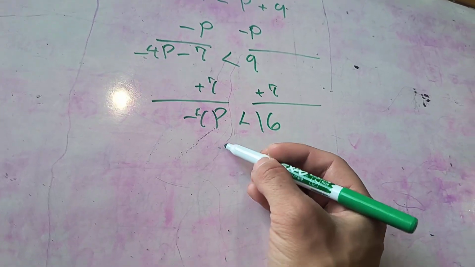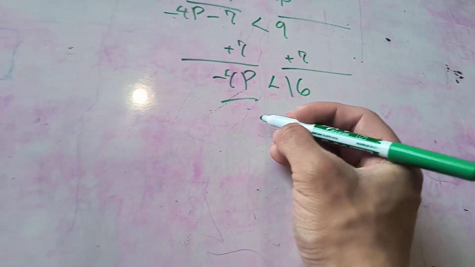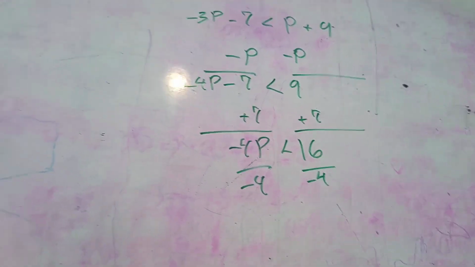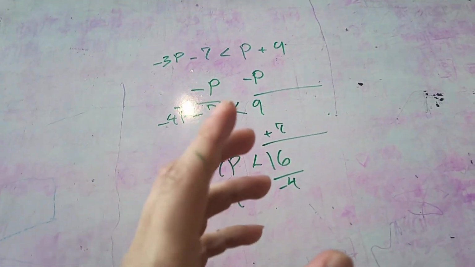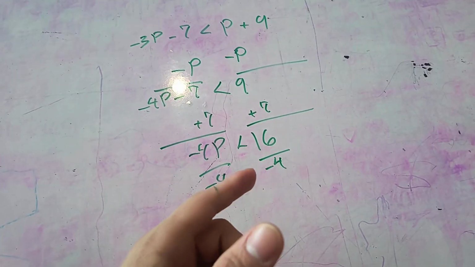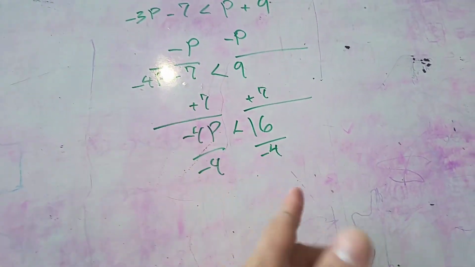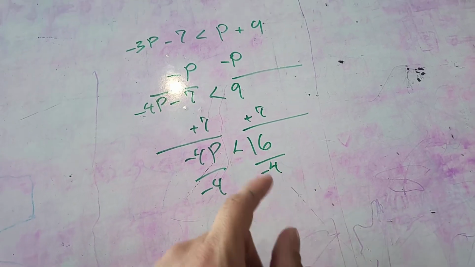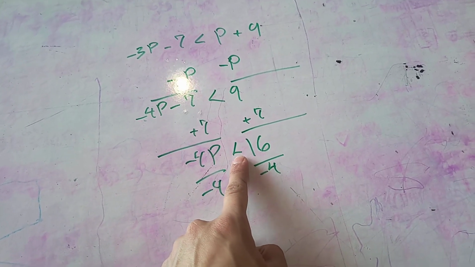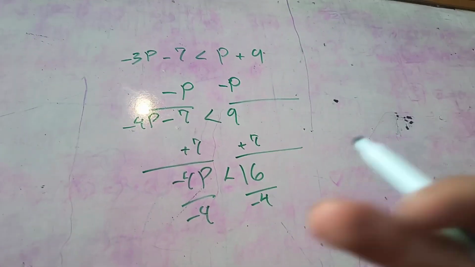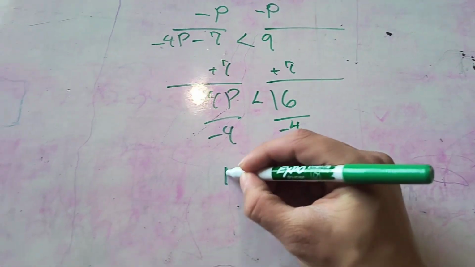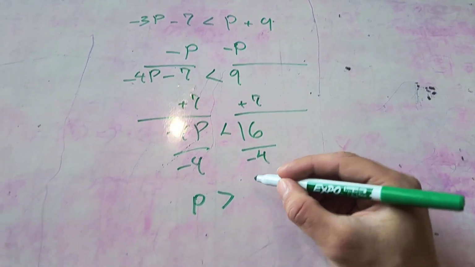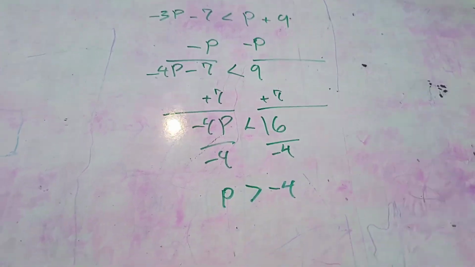And then we can divide both sides by negative 4. But mind you, whenever we're dealing with inequalities like this, anytime you multiply or divide both sides by a negative number, you have to switch the inequality sign. You have to switch it to point the other direction. So what we'll get here is that p is greater than, and 16 divided by negative 4 is negative 4.